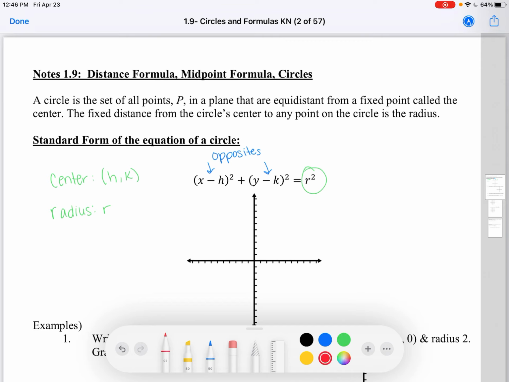And last but not least, just some key things to look at when it comes to the formula of the circle. Both coefficients in front of the x and y squared terms are always going to be 1. So coefficients always 1. And it will always be addition in between both.